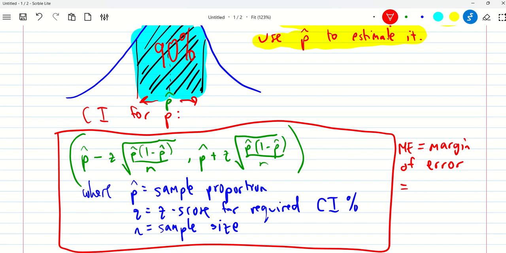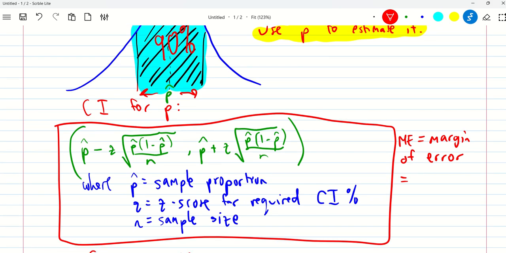Just looking at the formula for the confidence interval, this is an interval, so it has the lower value to the left and the upper value to the right. You see how P hat is in the middle of those two? So you've got P hat minus something and P hat plus something, and that something is the same.